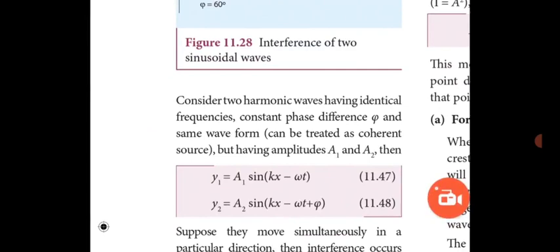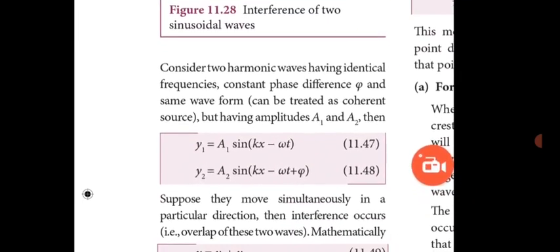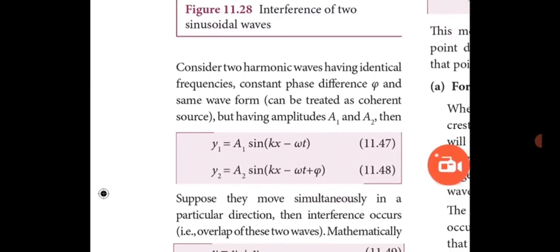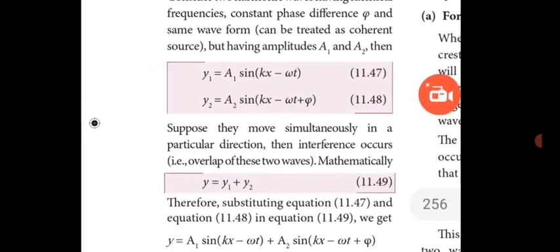Consider two harmonic waves having identical frequencies, a constant phase difference phi, and the same waveform, treated as coherent sources, but having amplitudes A1 and A2. Then what will be the equations?